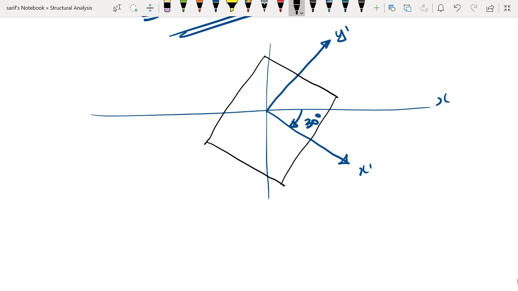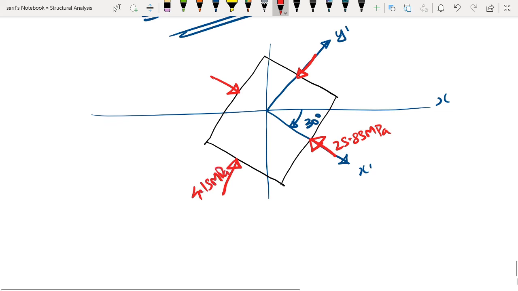Now that the element is drawn, we have to mark the stresses. Sigma x dash, we got as minus 25.85, so that means it is acting in compression and the magnitude is 25.85 megapascal. Sigma y dash was also negative, so the value was 4.15 megapascal. It was also compressive.